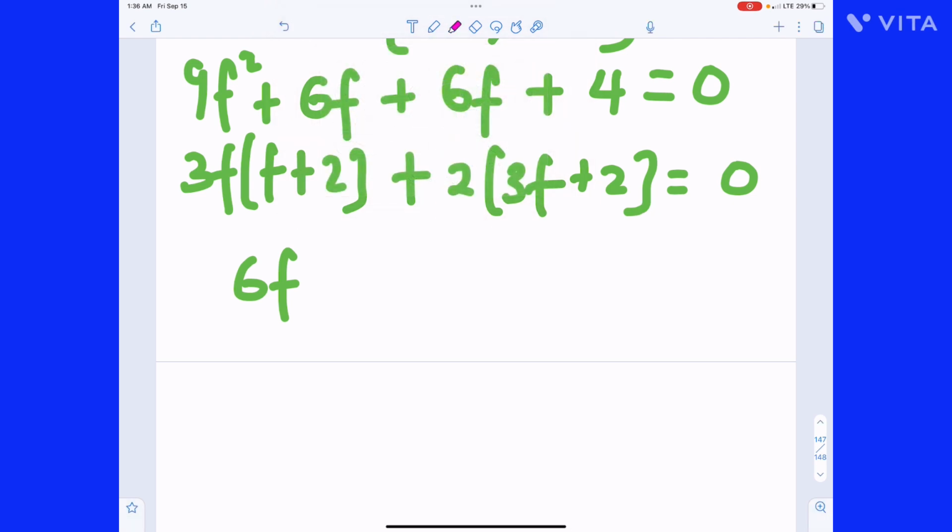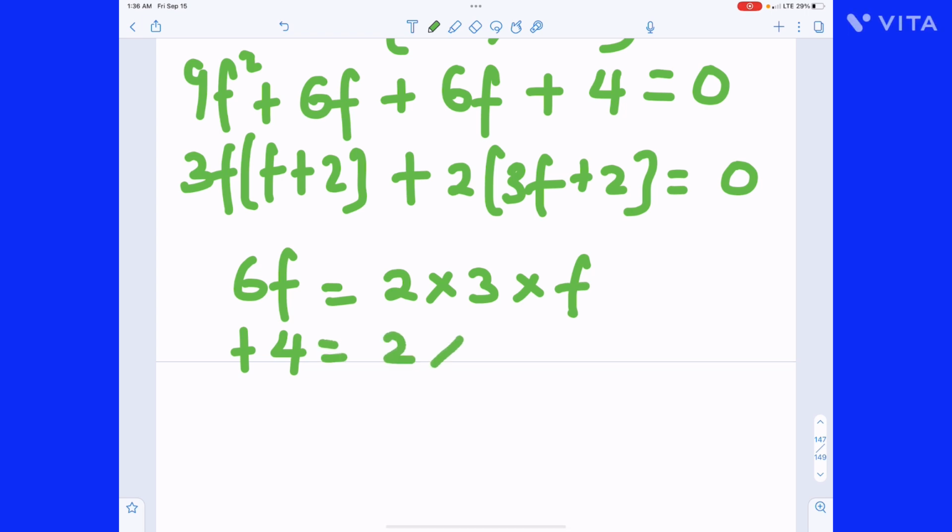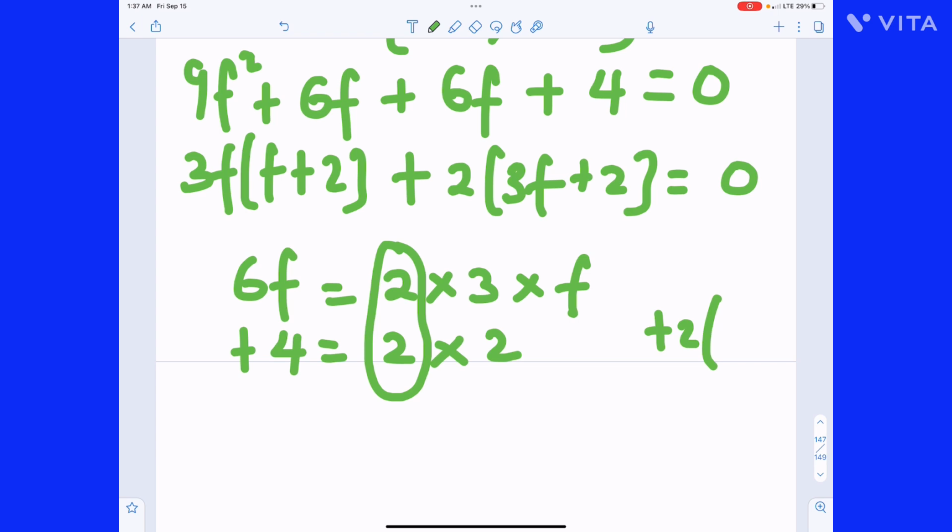Let me show you. 6f plus 4. 6 is 2 times 3 times f. 4 is 2 times 2. So the common factor is plus 2.